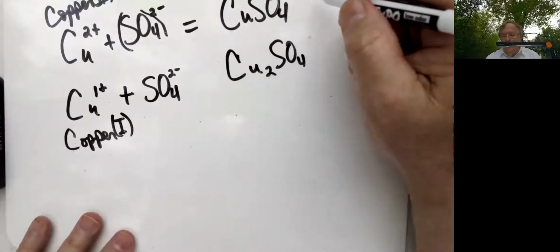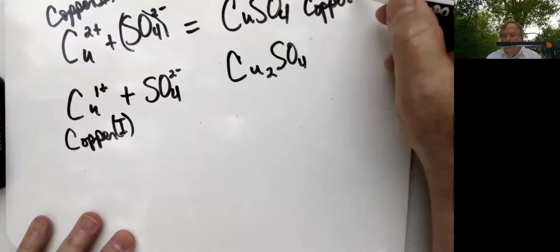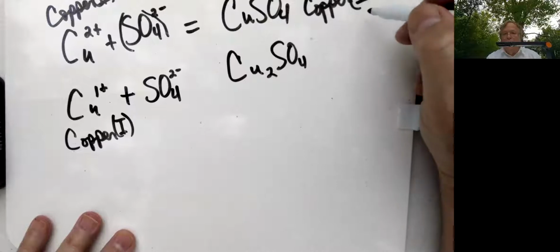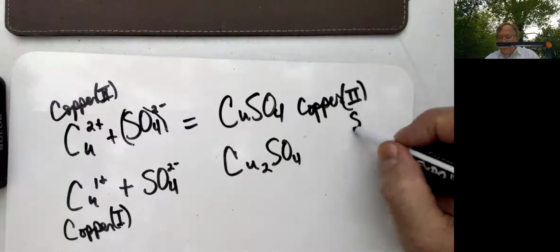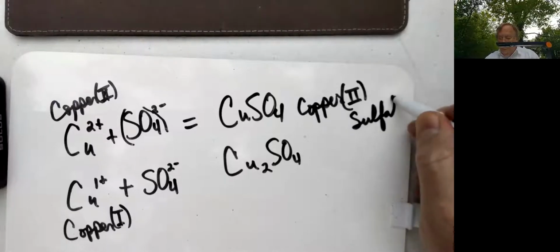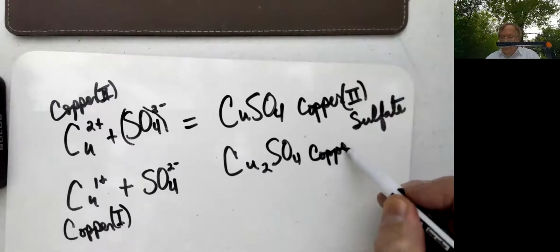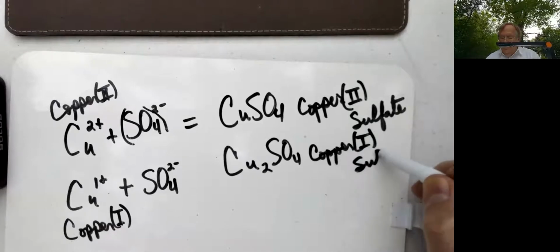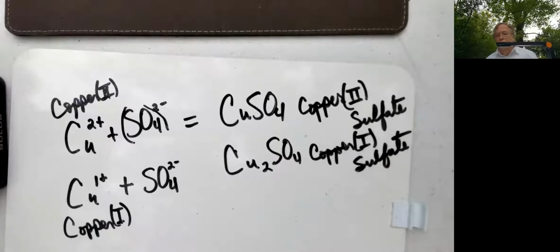Okay, so the name of this one would be copper 2, and then the name of the polyatomic ion, sorry, I'm off the screen here, sulfate. And this would be copper Roman numeral 1 sulfate. Okay, so just kind of combine rules there.